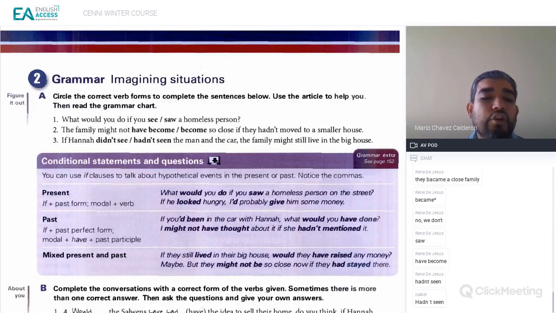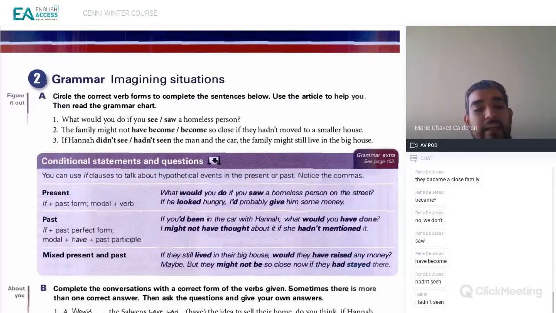Mhm. So the one that says present is a present unreal, is hypothetical, and is the one that we also call the second conditional. The one that says past is past unreal, is hypothetical, and we also call it third conditional. And then we have mixed present and past.